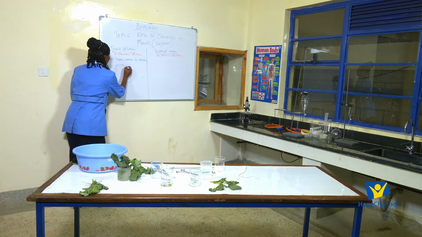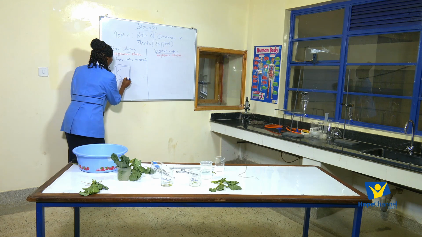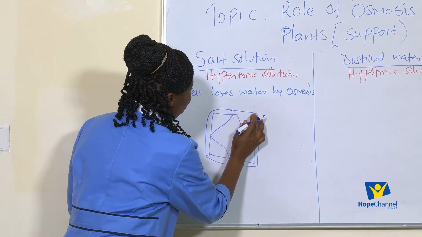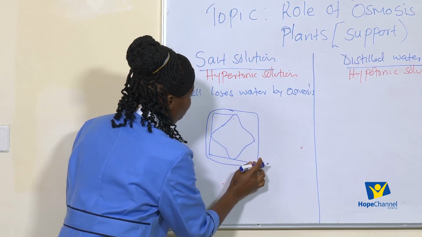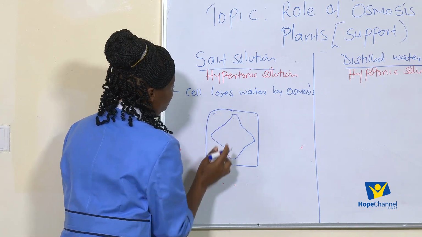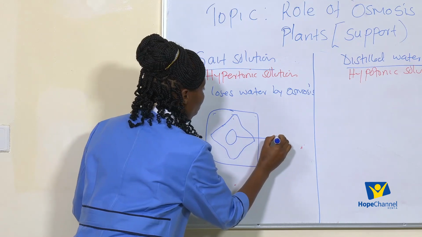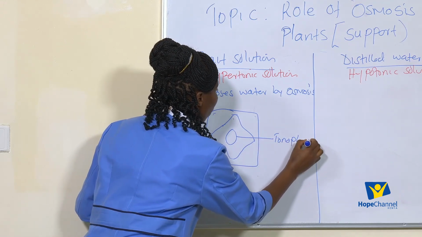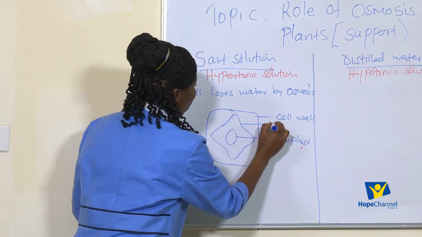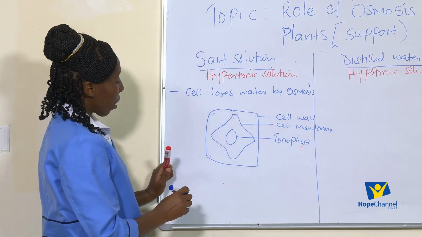We expect the cell wall to remain intact, but the cell membrane, so that will be now the cell membrane, detaches from the cell wall. Then, of course, we have the tonoplast. Here we have the tonoplast. Here we have the cell wall. Here we have the cell membrane.